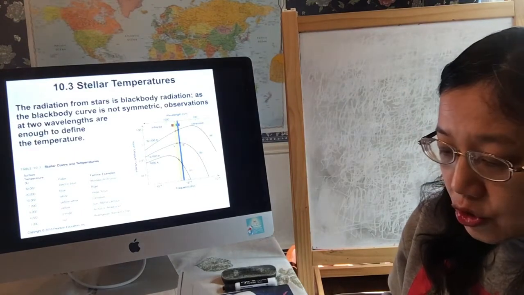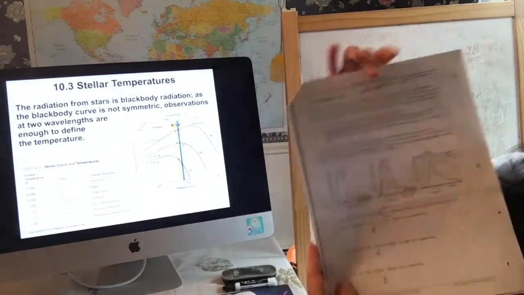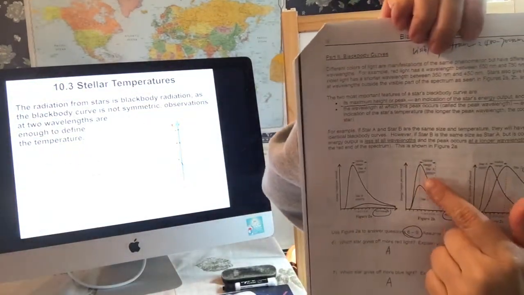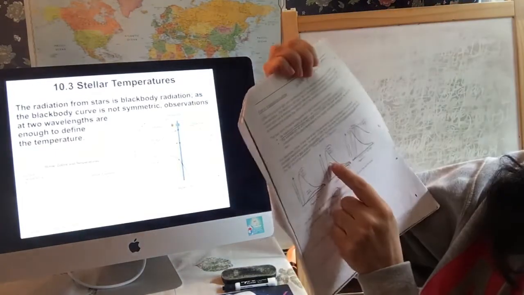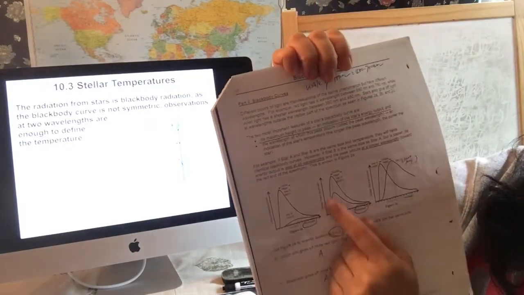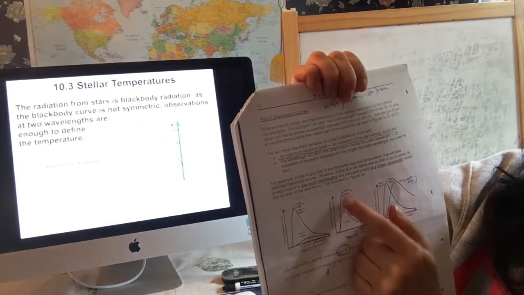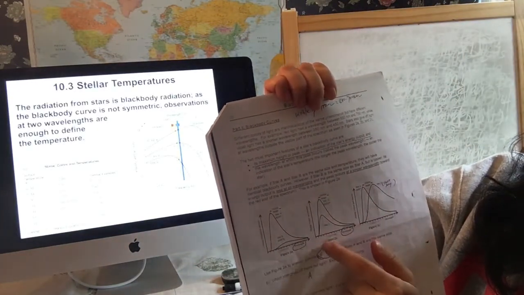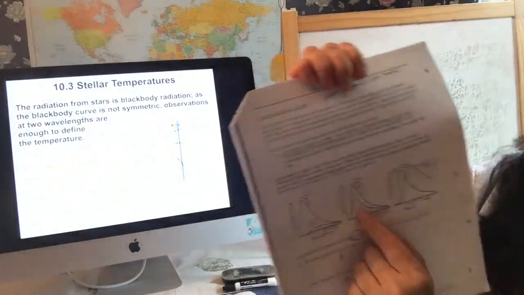For 10, you're looking at figure 2b now. You can see that overall the output of star A is higher than star C. However, the peaks of these two stars are both located at the same blue end.